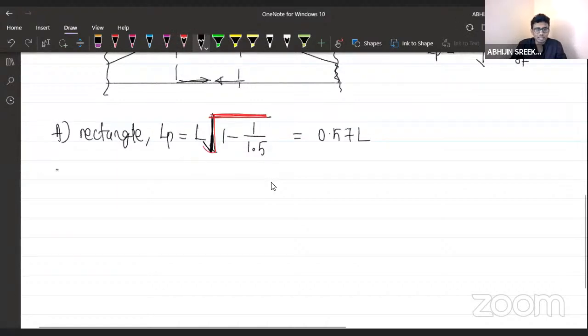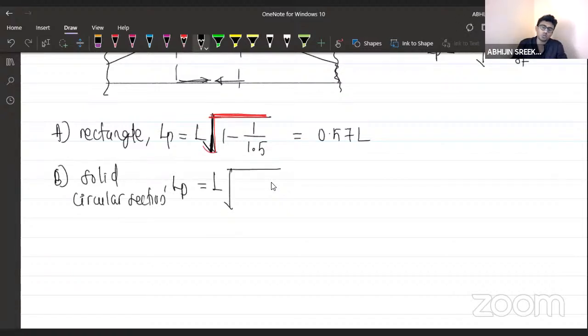Similarly, you can calculate it for the solid circular section. LP will be equal to L into root of (1 minus 1 by 1.7). What's the answer here? It will be 0.67 L, right? Or 0.64, I think.